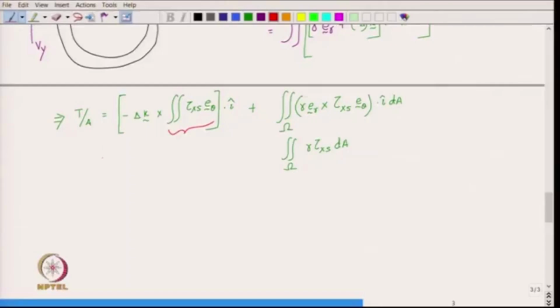So, we get here minus delta k cross V y in the j direction, and then we dot it with i, all right.